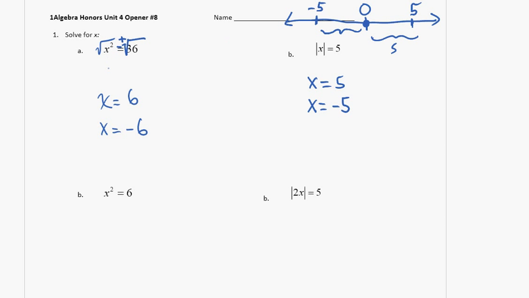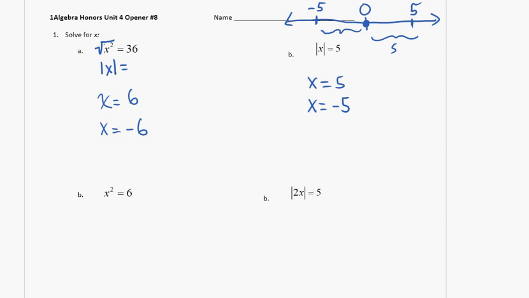Let me just jump back now to problem A for a moment and point out that when you square root something that's being squared, like we did here, the square root of x squared, what you really end up getting is the absolute value of x equals the square root of the other side. So here's a different way to think of it. When you're square rooting x squared, you don't just get x.